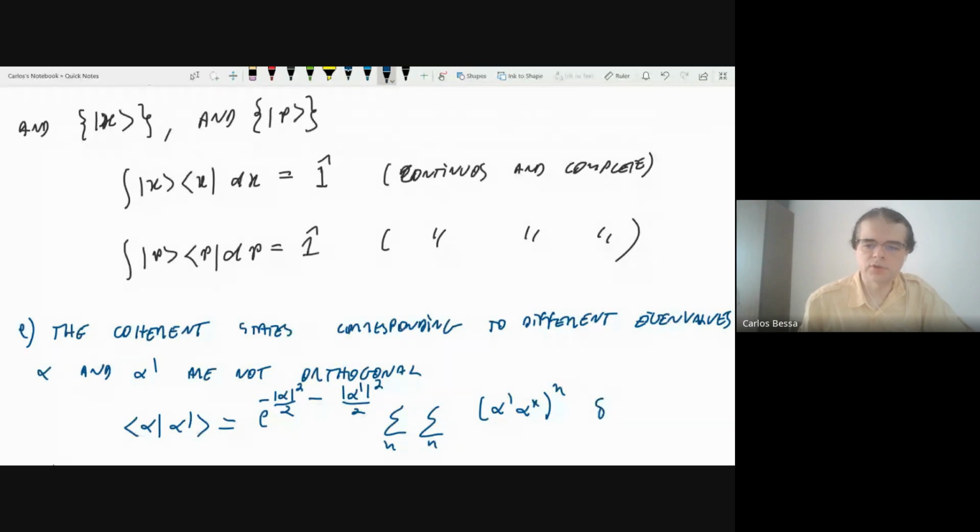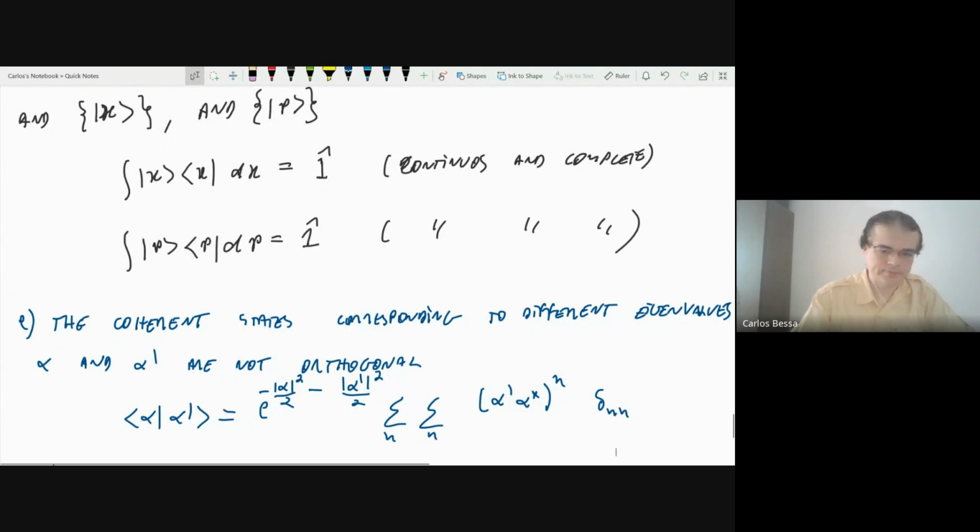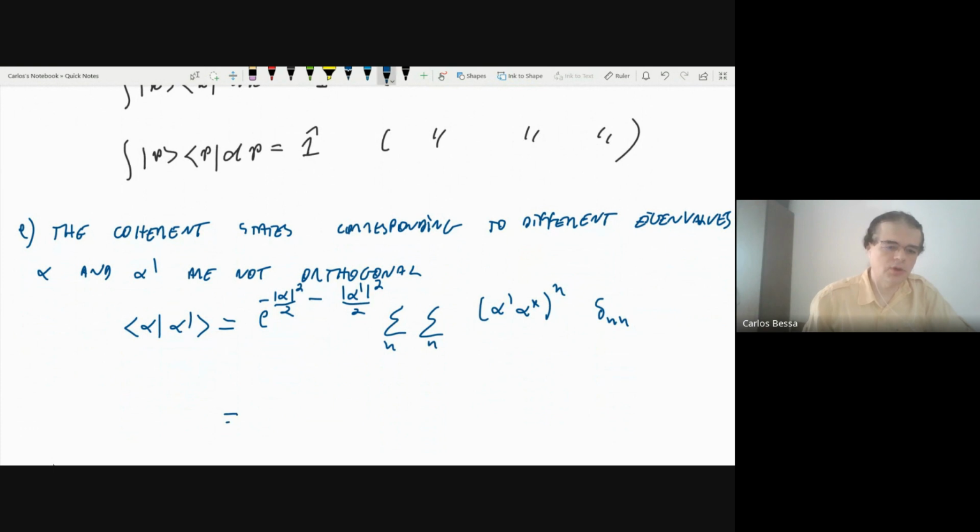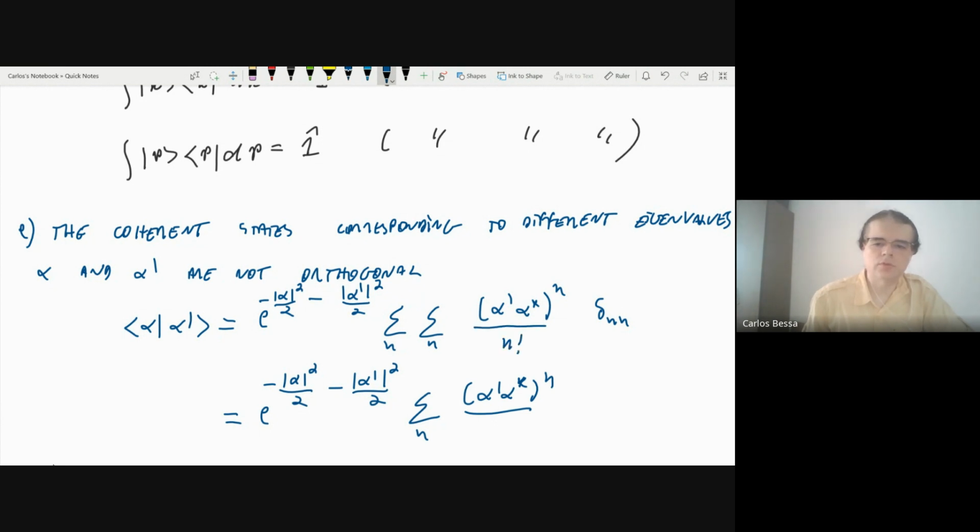And here is a delta function, delta of n, so one of the sums goes away. Oh, I forgot the n factorial here. We have n factorial because of the first expression we saw today.